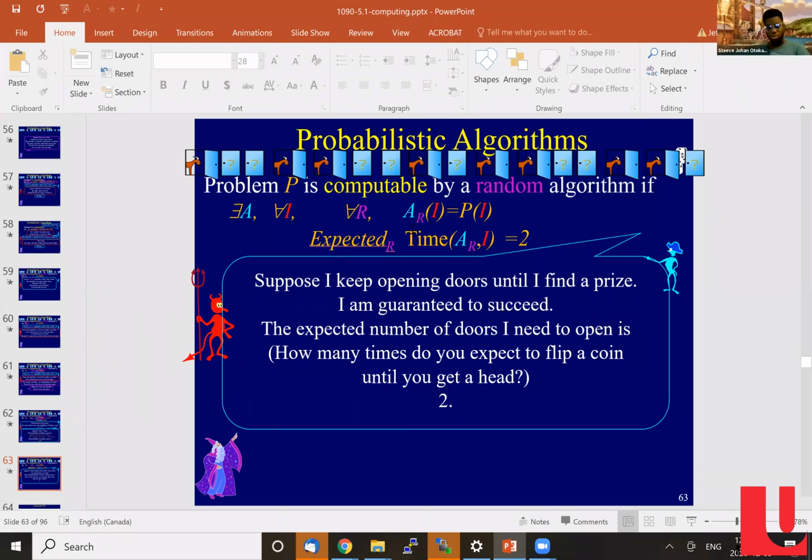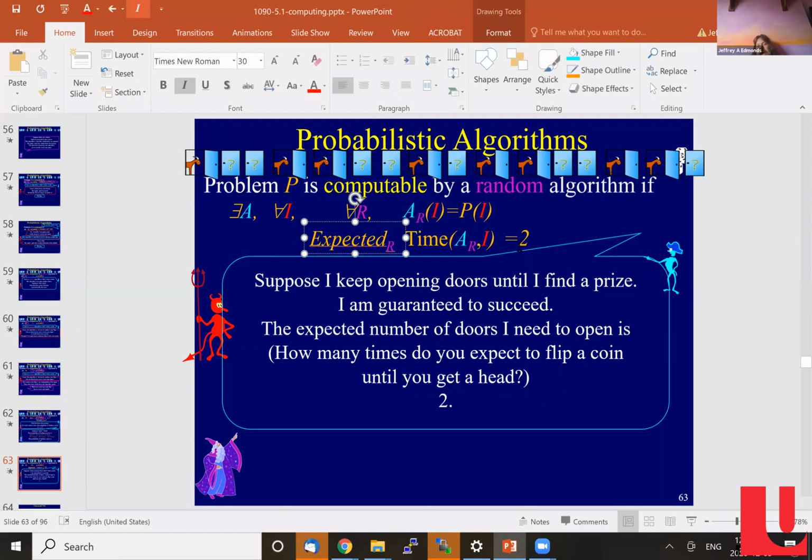If you keep choosing doors randomly, then it's possible that you have to look at an infinite number of doors. But the probability of that is so small that it doesn't change the fact that the expected running time is 2. I didn't mention it, but you're right. When you do really precise calculations, you have to know whether you're doing it with replacement or without replacement.